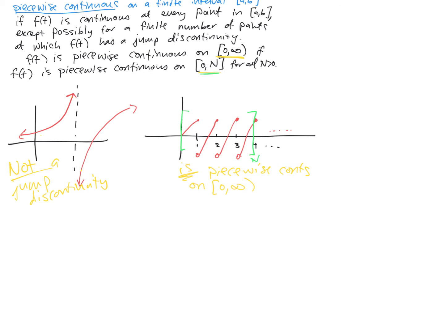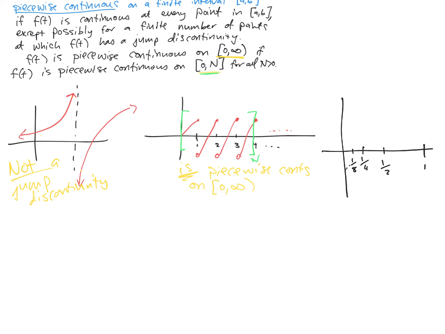However, let's say instead you had jumps at 1 and at 1/2 and at 1/4 and at 1/8. And at each one of those, you have a jump.